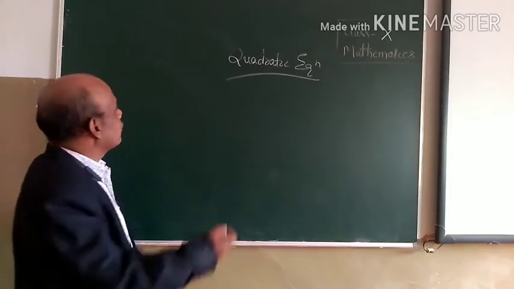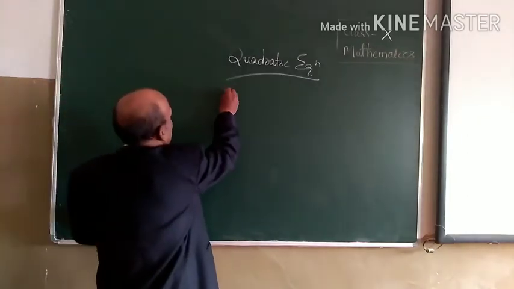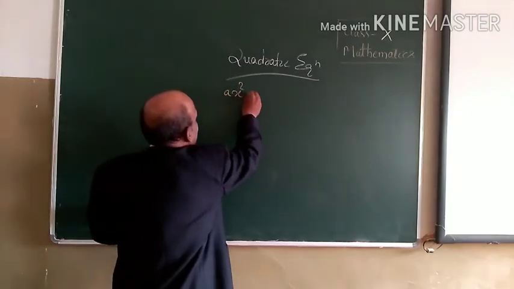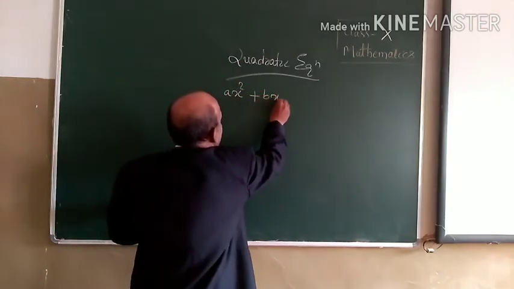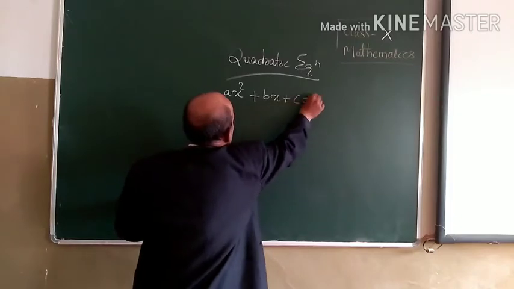Now suppose the quadratic equation is ax square plus bx plus c is equal to 0.